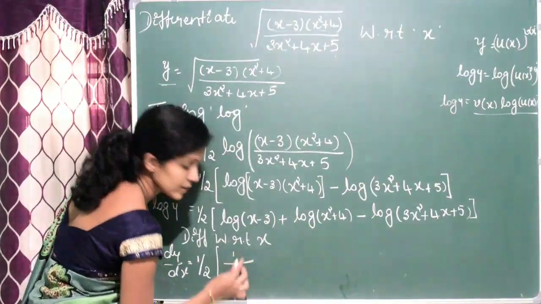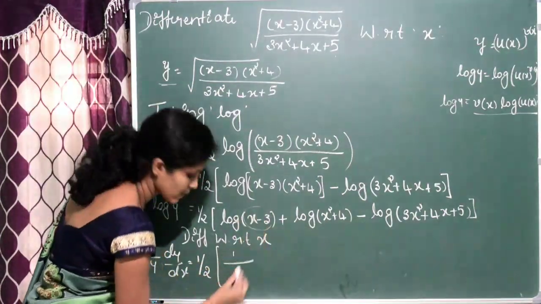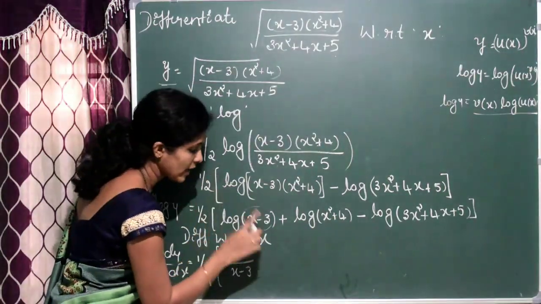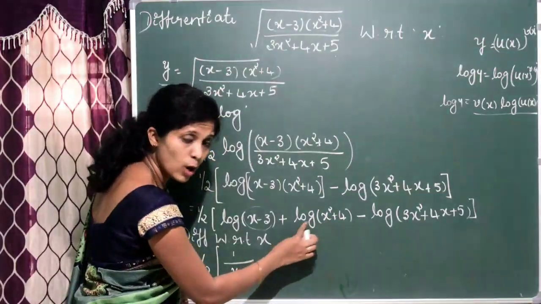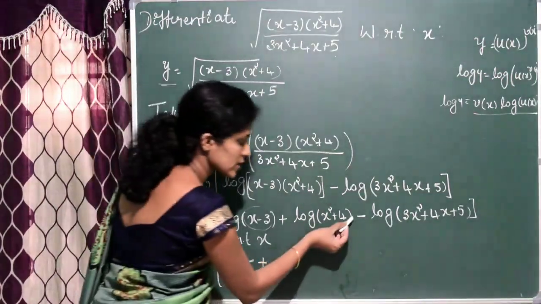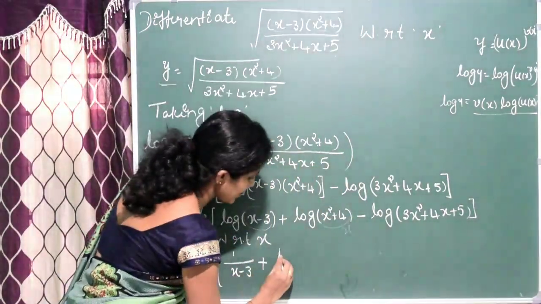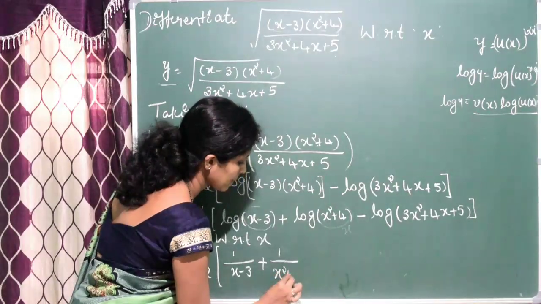Log x derivative is 1 by x, and in the place of x here we have x minus 3, so 1 by x minus 3. Derivative of x is 1 and derivative of 3 will be 0, plus log of x square plus 4. This is of the form log x, so the derivative is 1 by x square plus 4.